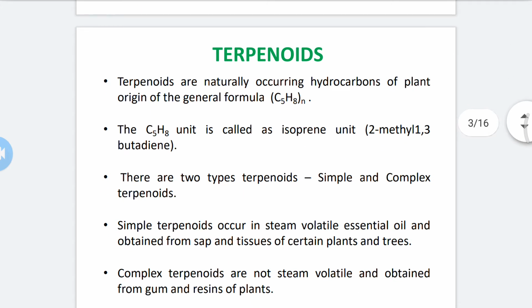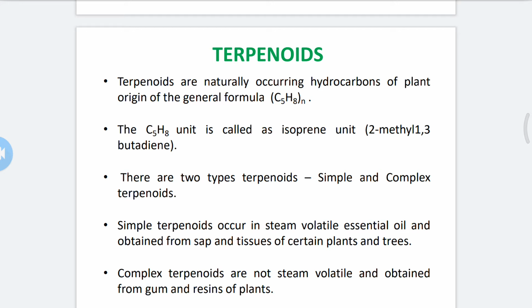First, the definition of terpenoids. Terpenoids are naturally occurring hydrocarbons of plant origin. The general formula of terpenoids is (C5H8)n, which means a number of C5H8 units are present in a terpenoid molecule.